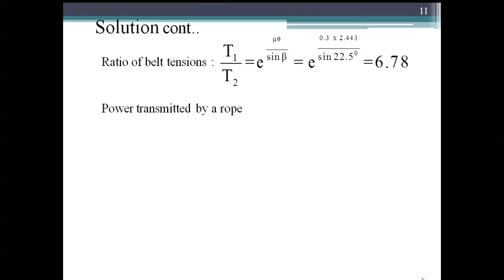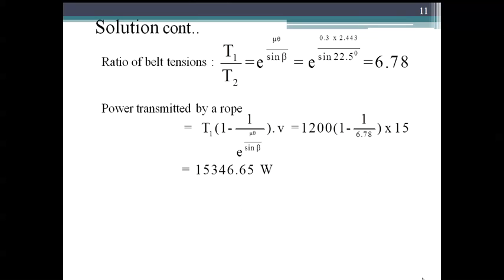Here we need to find the power transmitted by single rope. P equal to T1 into 1 minus 1 by e power mu theta by sin beta into V. We know the T1 value and V value, and e power mu theta by sin beta is also known.